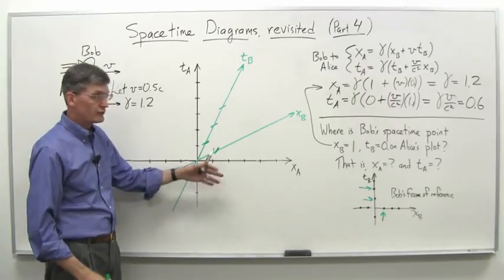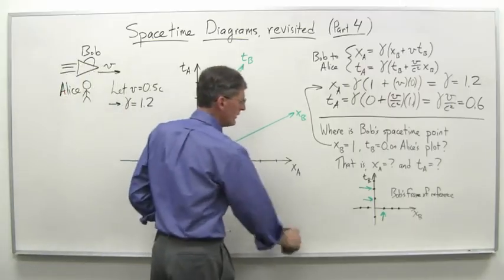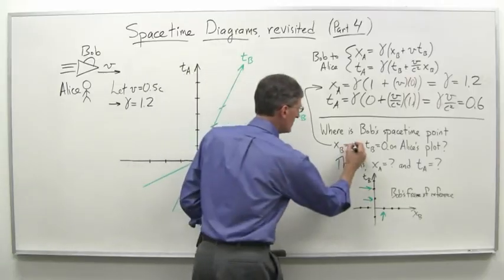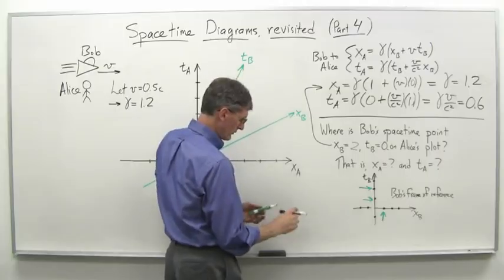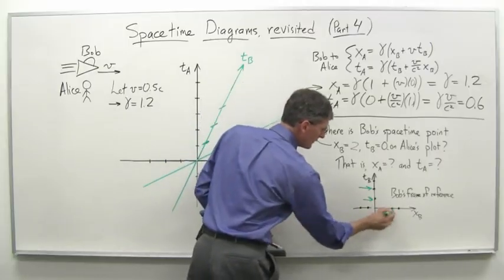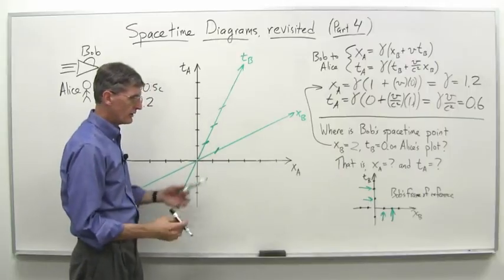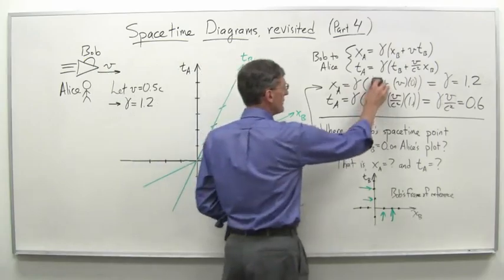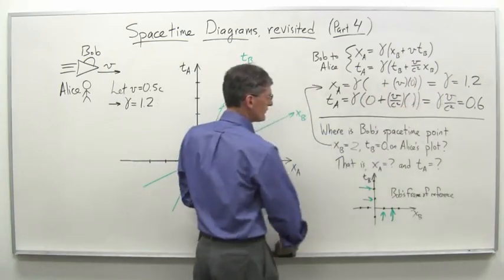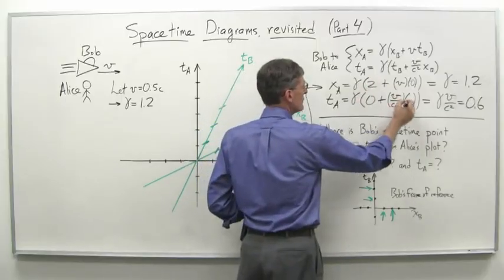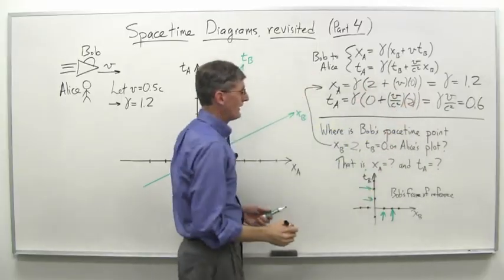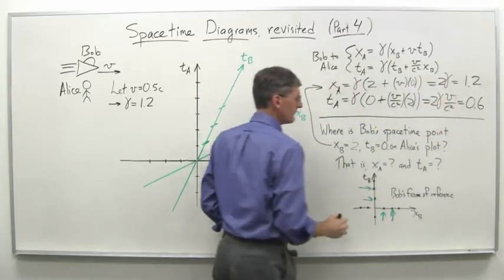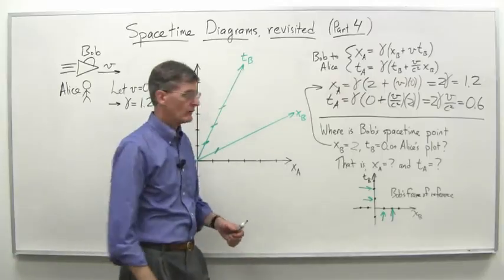Okay, let's do one more here. So x sub b equals 2, because then we'll see the pattern. So now we're looking at this point right here on the x sub b axis. T sub b is 0, and so we come up here. The zeros stay the same. This becomes a 2. This becomes a 2. And we get 2 gamma and 2 gamma v over c squared in those cases.